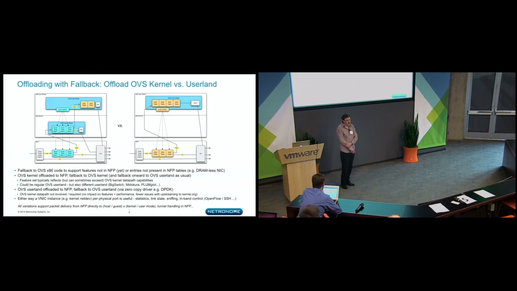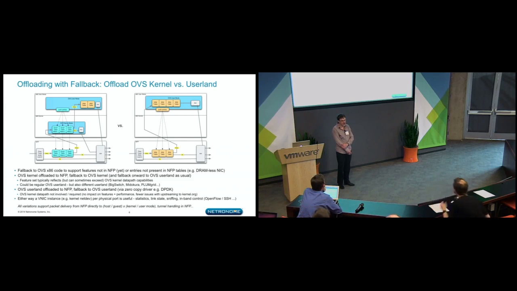Now, problem with the right-hand side is there are more people out there than are using the OVS user mode approach. So there's companies like vSwitch, Midokura, PlumGrid, and so on that just use the kernel module.